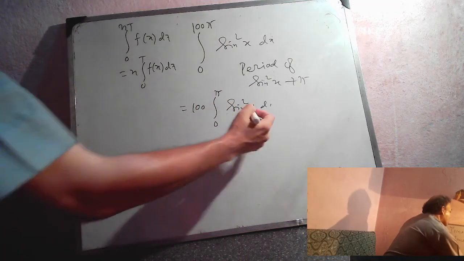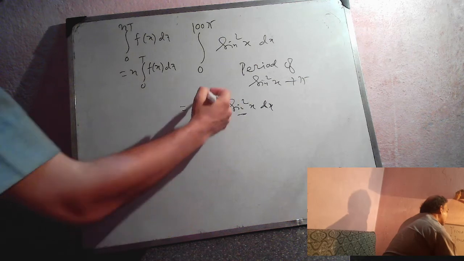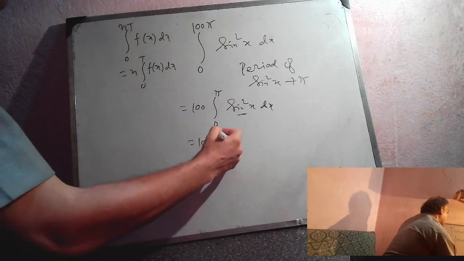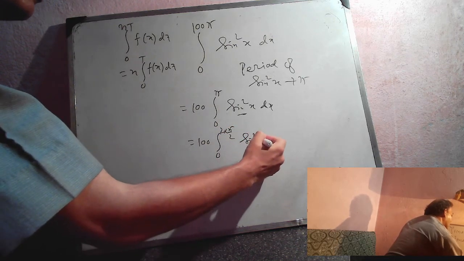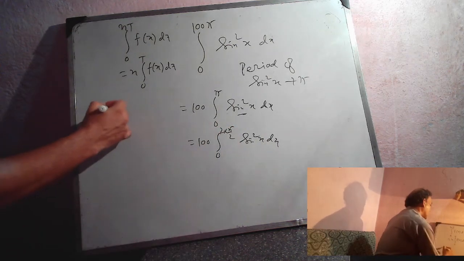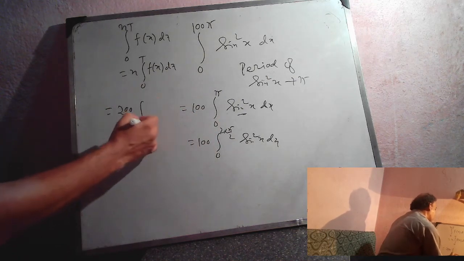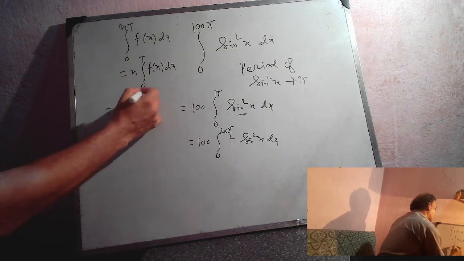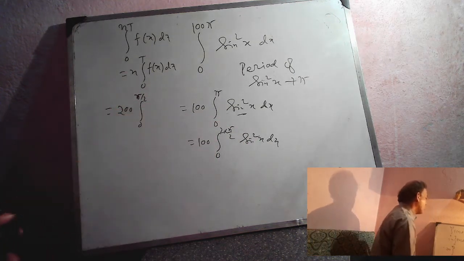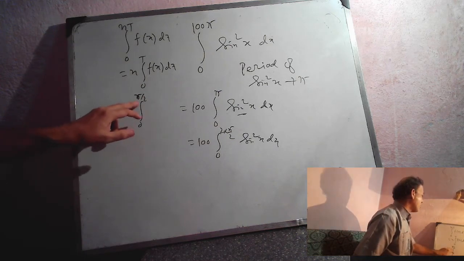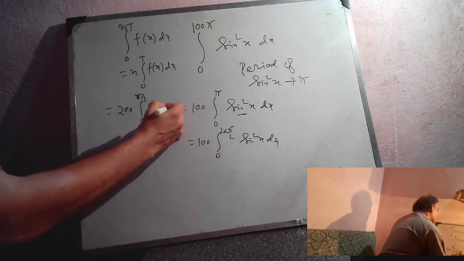Again, sin square x being an even function, we can write further 2 into 100, 200, integral 0 to pi by 2 sin square x dx.